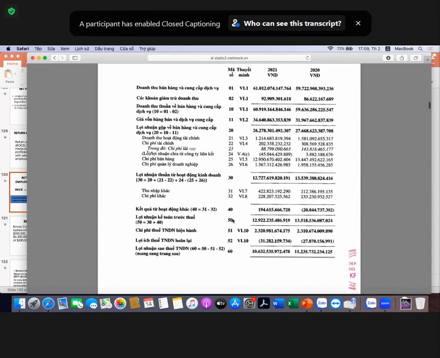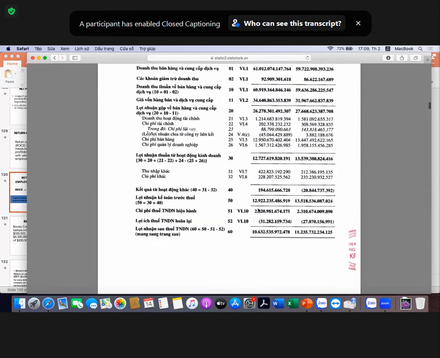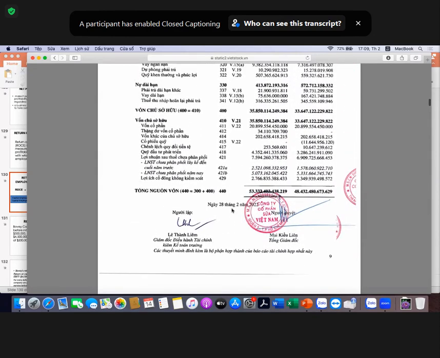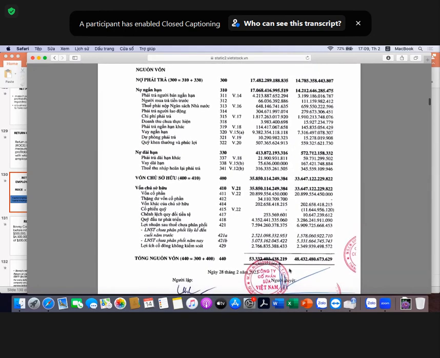So we will take the figures from code number 50 dividing by what? Total liabilities and owner's equity minus the current liabilities.